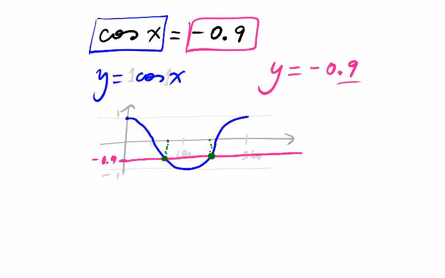First thing we do is we calculate cosine inverse of that negative 0.9. So this is using a calculator, and if we are considering here the range between 0 and 360 degrees, we would do cosine inverse using the calculator of negative 0.9. So that gives us 154 rounded to the nearest whole degree.